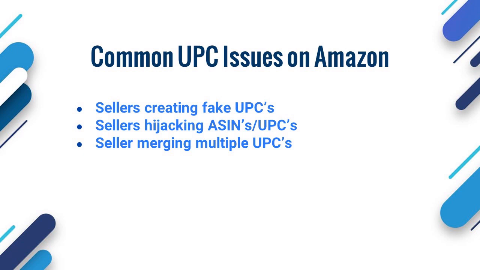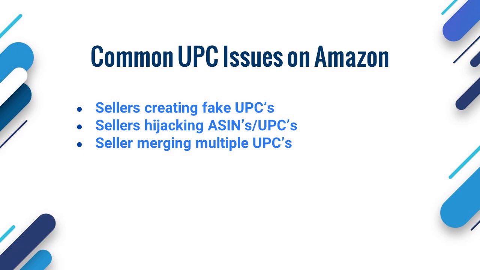The second one is sellers hijacking an ASIN or a UPC. And so what this means is the UPC code is valid and represents an actual product, but the reason we most often saw this was because somebody would find an old listing that no longer had any active sellers on it, but had a lot of product reviews.